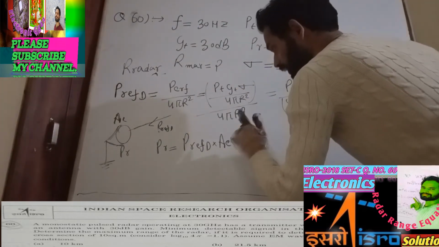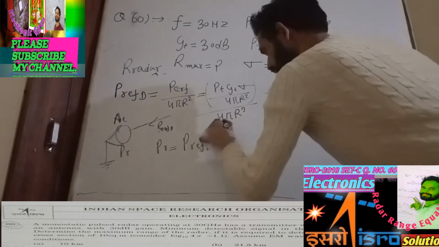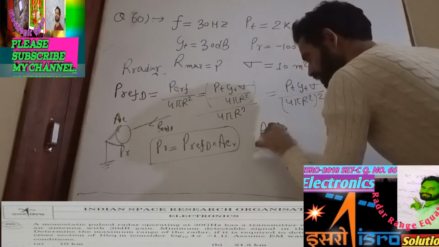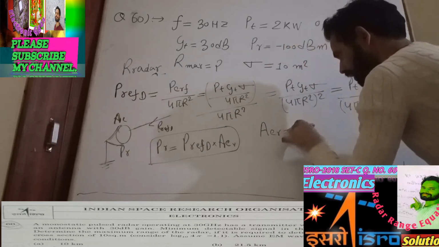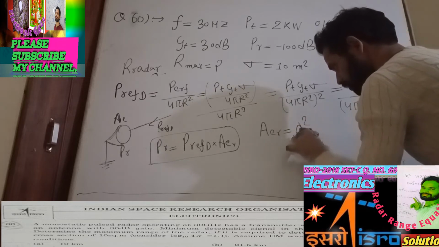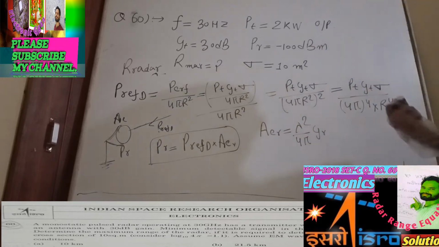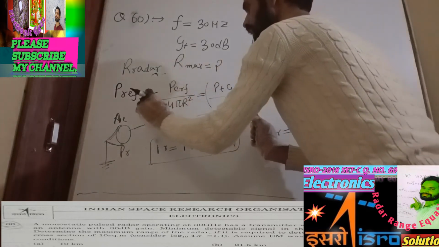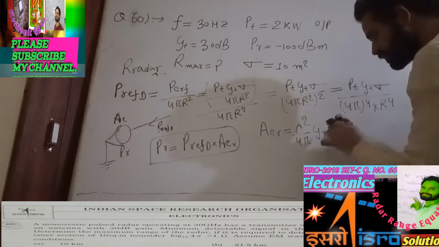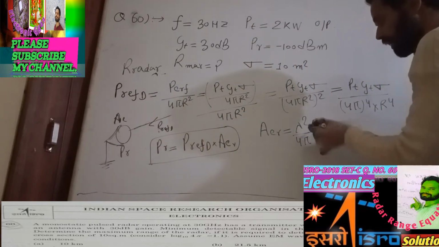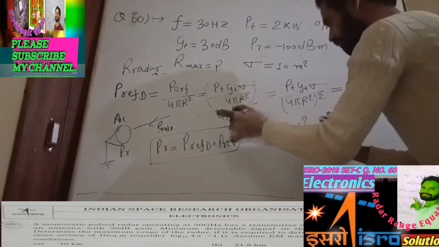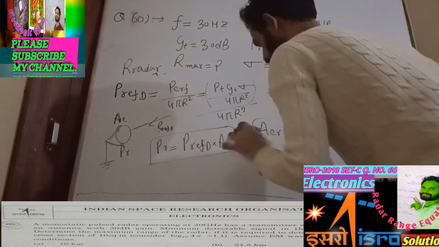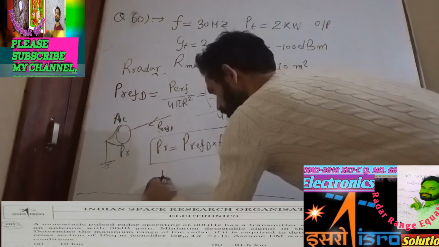Now, what is this effective aperture area of the receiving antenna? This is nothing but lambda square by 4 pi into Gr. This is my effective aperture area of the receiving antenna. Gr is the gain of the receiving antenna, and lambda is the wavelength. Now just put this effective aperture area value into this equation.